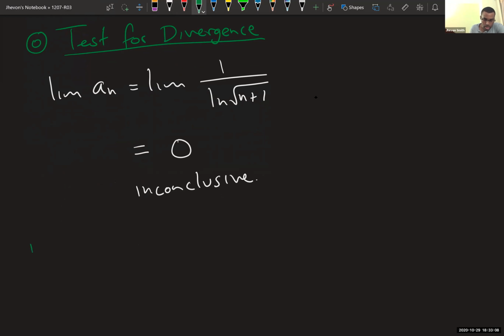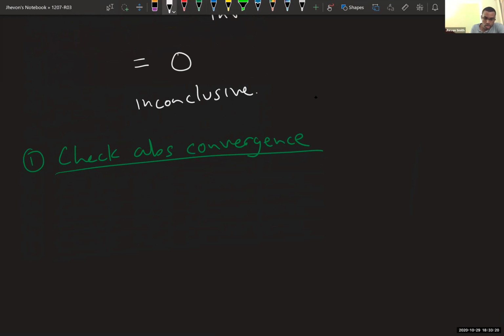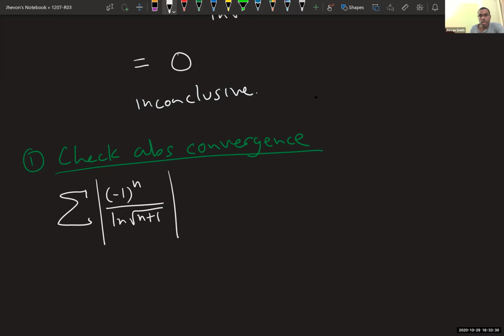All right, so next, we're going to check for absolute convergence. What does that mean? We are going to take our series and put absolute values around it, which basically means this is going to behave more like 1 over ln of the square root of n plus 1.